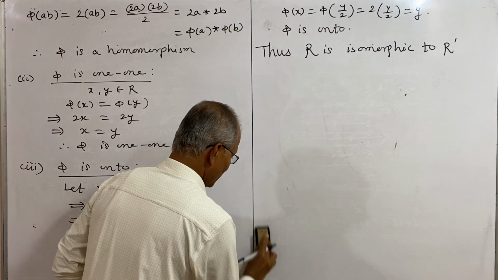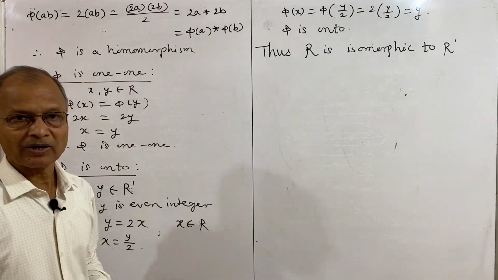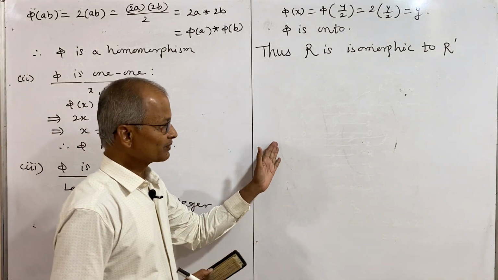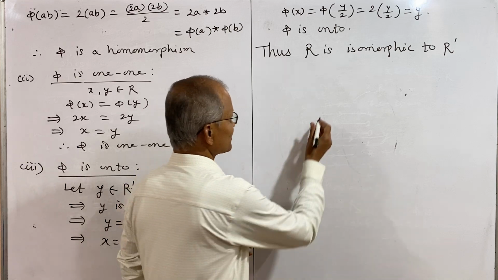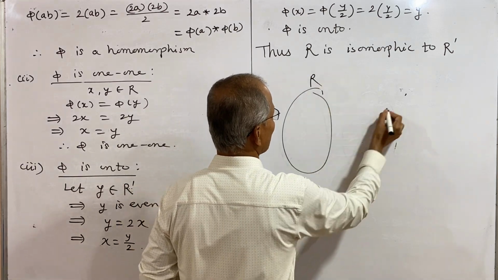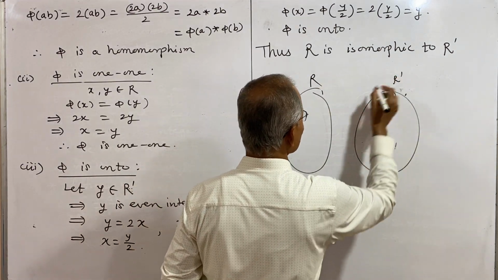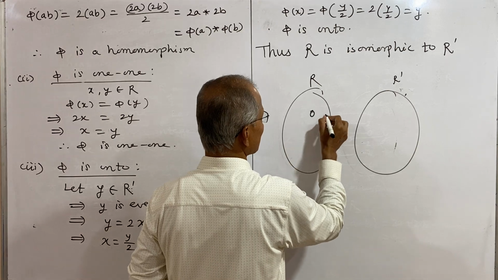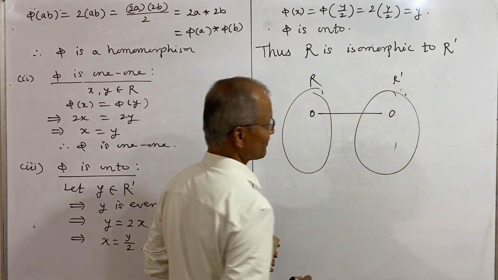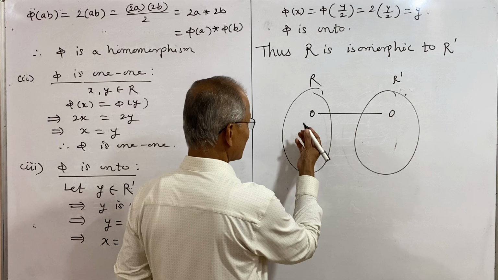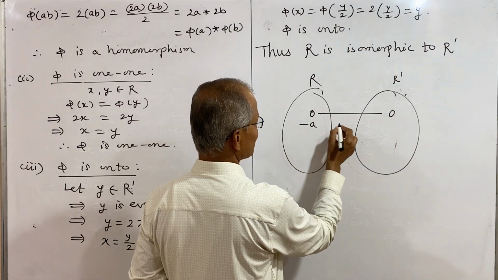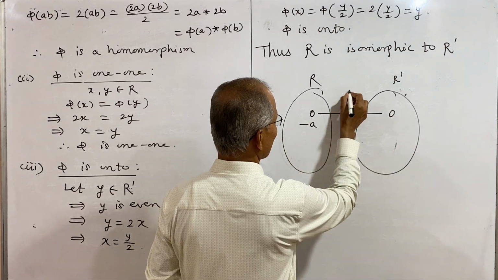important. Now what is another property of isomorphism of rings? It maps 0 element to 0. See, we have R and this is R dash. 0 of this is mapped to 0 of R dash, and again the additive inverse is mapped to the additive inverse under phi.